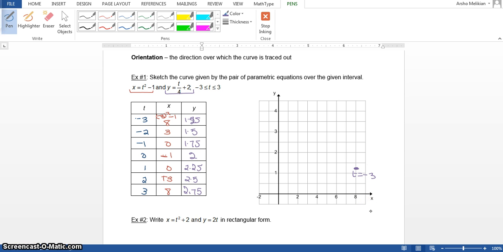When x is 3, y equals 1.5. This happens at t equals -2. When x is 0, y is 1.75. When x is -1, y equals 2. This is at t equals 0.